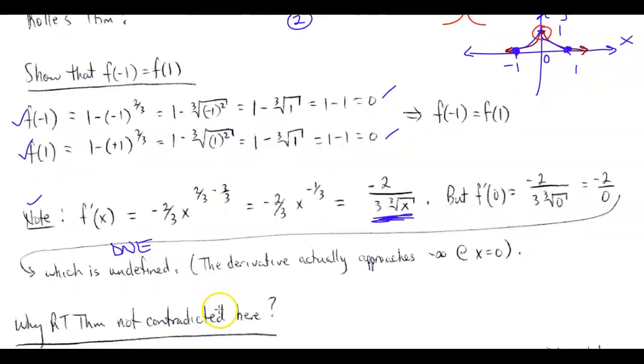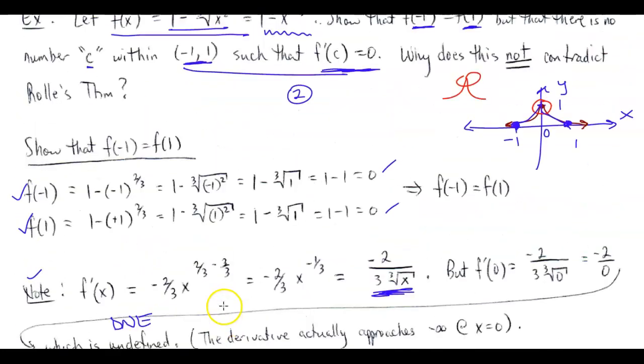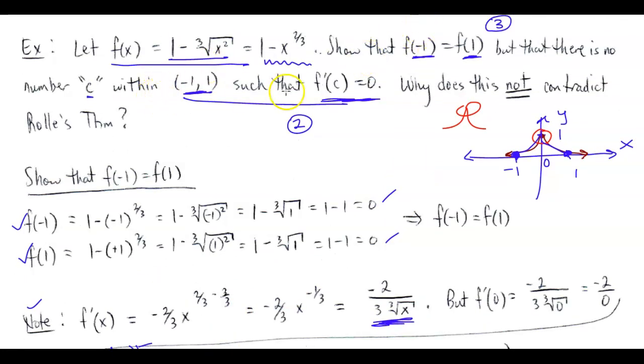So here we see that just because we had f of -1 and f of 1 being equal, that didn't guarantee us that we were going to be able to find any x value c within this open interval from -1 to 1 such that we had a horizontal tangent line at that particular point, okay?